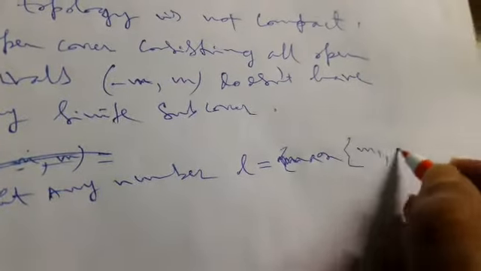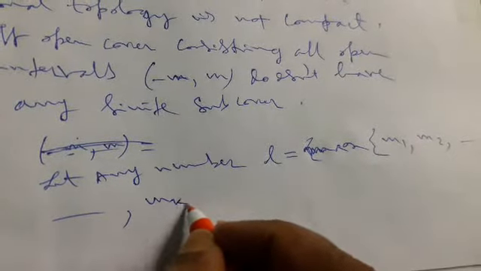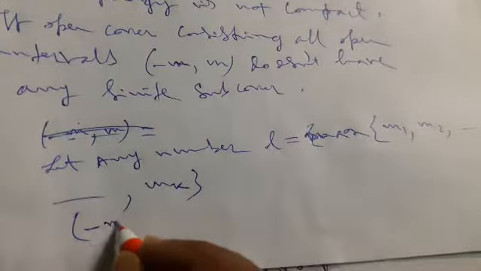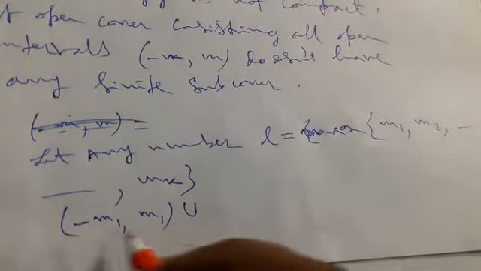If we take m1, m2 up to mk, then certainly the union of the intervals (-mi, mi) for i equal to 1 up to k will be the region (-L, L), because L is the maximum, but it is fixed.